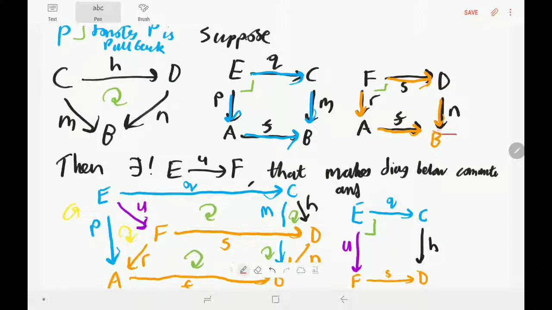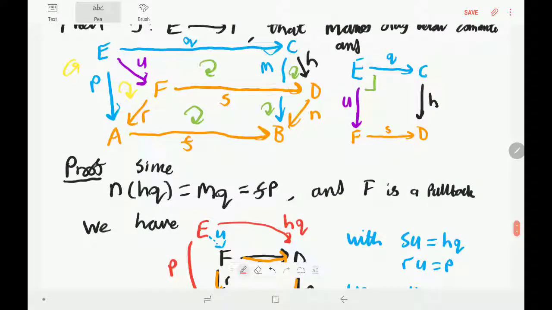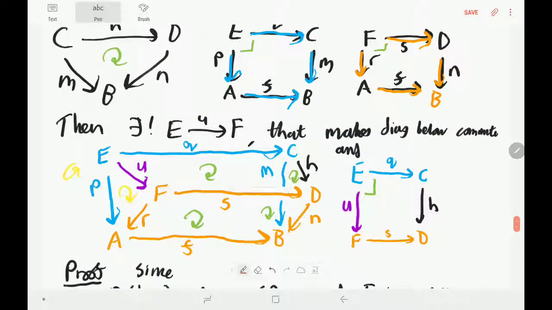Here's N going from D to B, and then H from C to D, and then Q from E to C. So if we go along Q, and then H, and then N, that's equal to MQ.